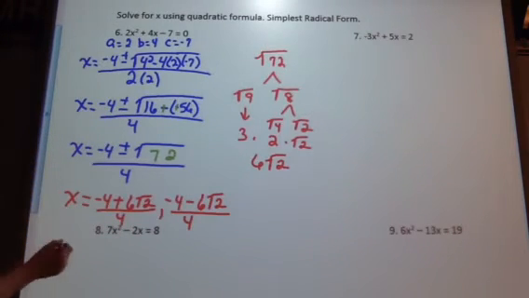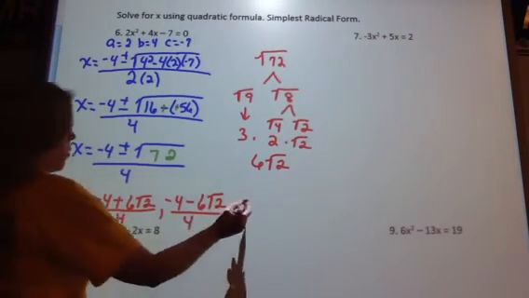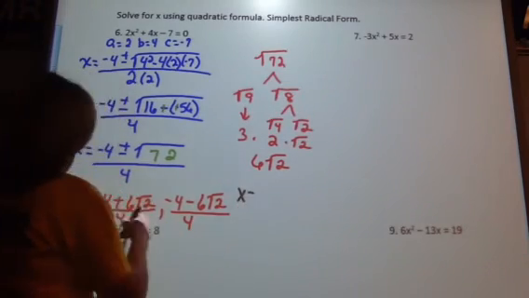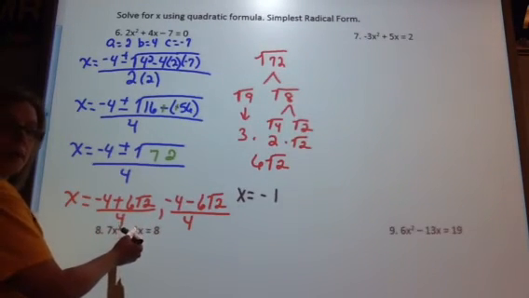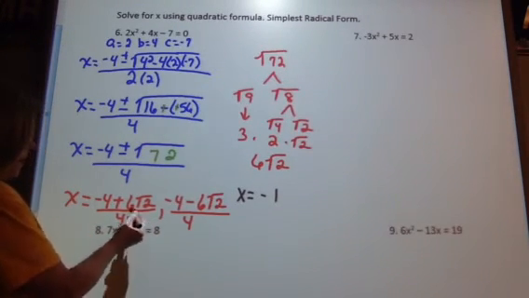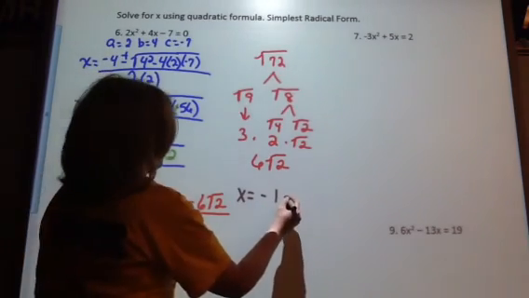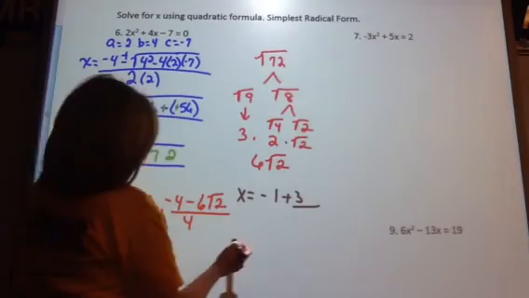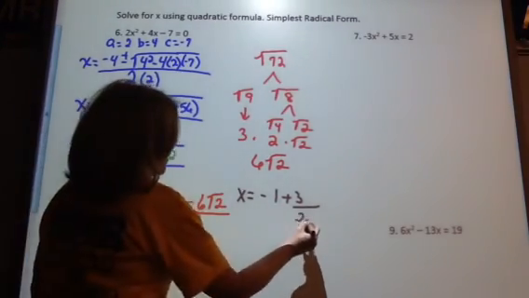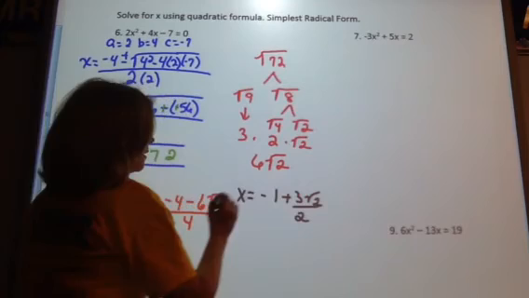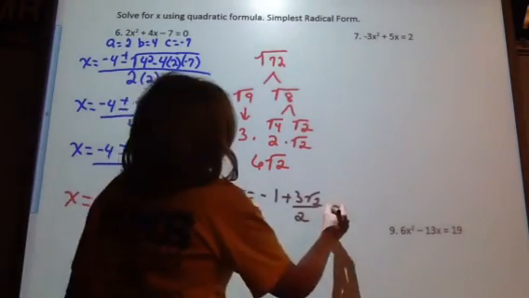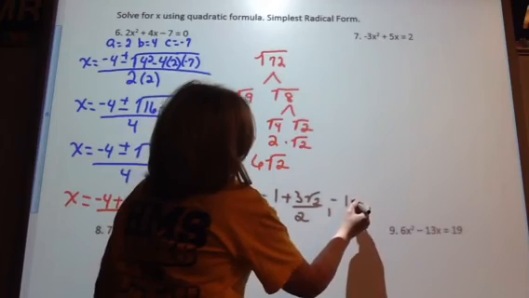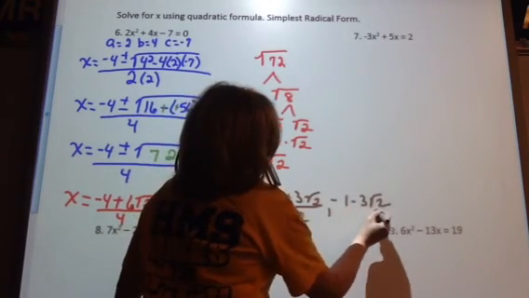What we can do here, class, is negative 4 divided by 4 is going to give me a negative 1. 6 and 4 have a common factor of 2, so let's factor that out. 6 divided by 2 is 3. 4 divided by 2 is 2, and then we have to keep our square root of 2. So there's one of my answers. Second one is going to be negative 1 minus 3 square root of 2 over 2.